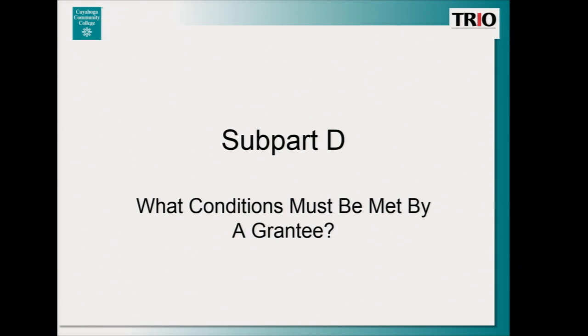Subpart D. What conditions must be met by a grantee? In Subpart D, we discuss the allowable and unallowable costs and the requirements which a grantee must meet. As we begin to review the allowable and unallowable costs, I believe it is important to mention that each TRIO project is slightly different as to what is included in allowable costs.